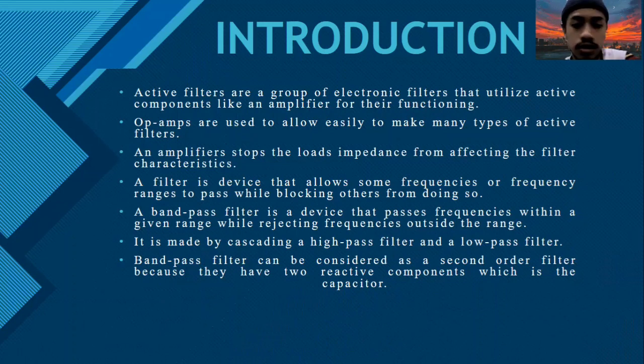A filter is a device that allows some frequencies or frequency range to pass while blocking others. A band pass filter passes frequencies within a given range while rejecting frequencies outside the range, and it is made by cascading a high pass filter and a low pass filter.